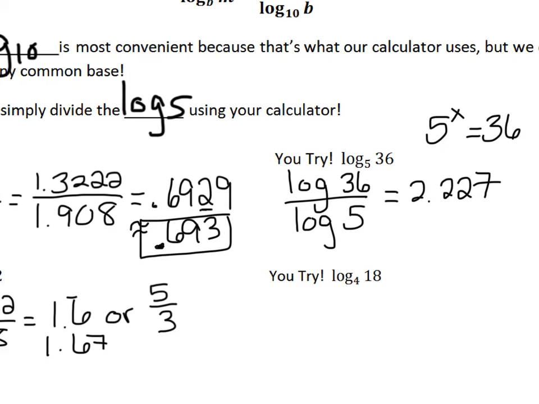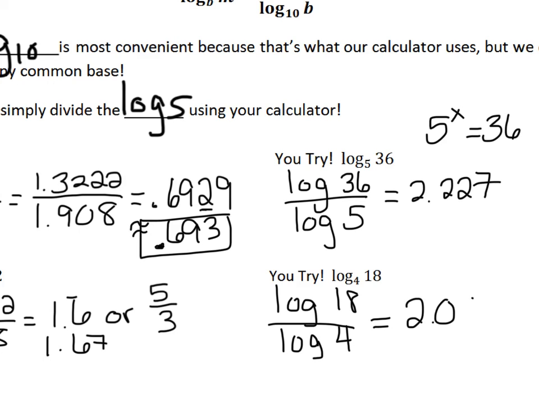Again, if not, have someone help you figure out how to type this into your calculator. The next You Try should have been log 18 divided by log of 4, and you should have gotten approximately 2.085.